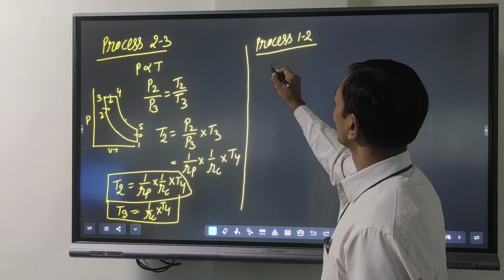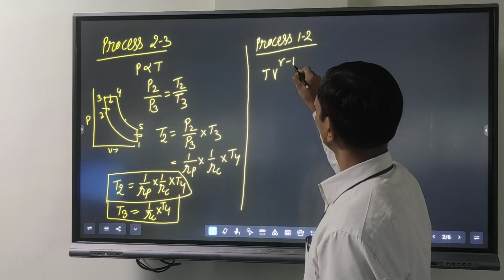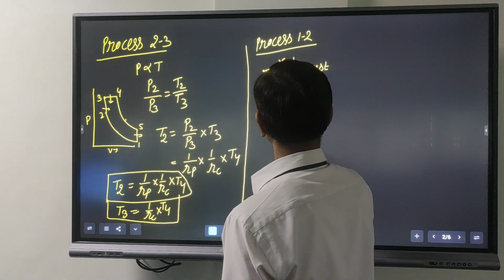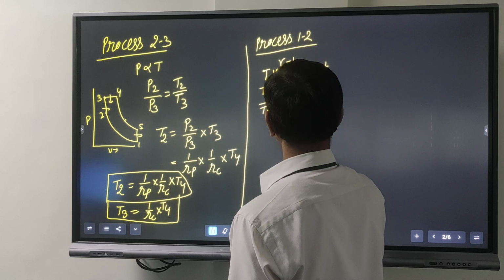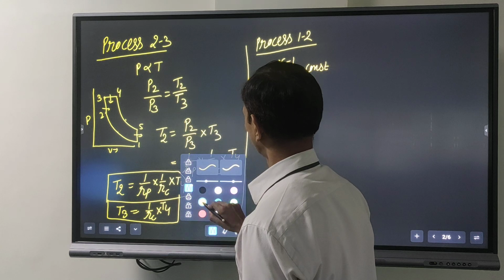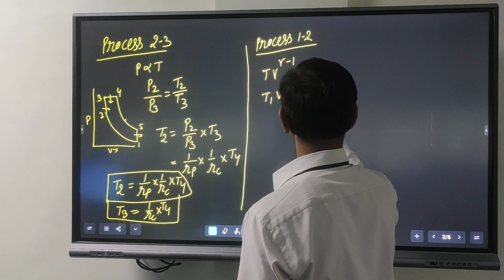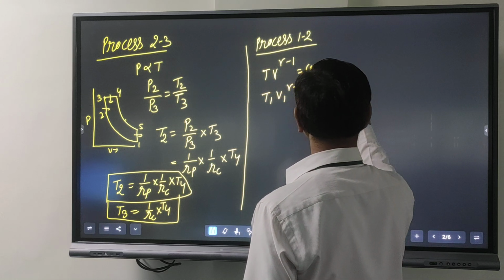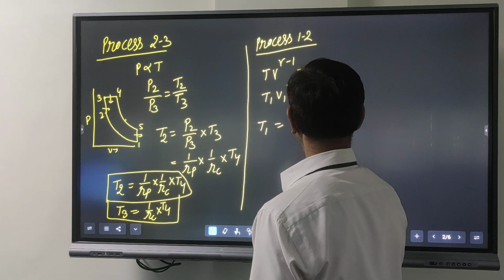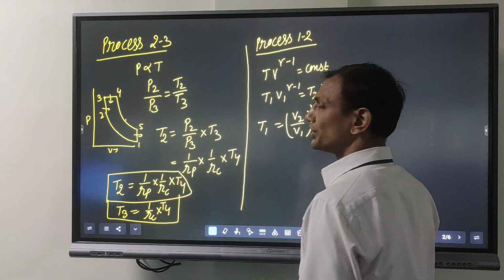So for 1 to 2, T V to the power gamma minus 1 is equal to constant. So here T1 V1 to the power gamma minus 1 is equal to T2 V2 to the power gamma minus 1.